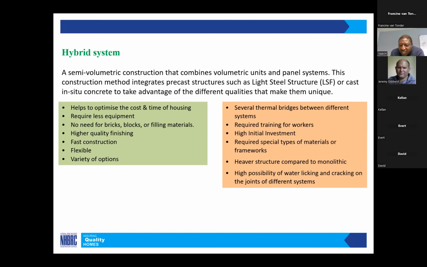And then the other thing is the type of materials. It might be special, others can be sourced locally, and it's got a high possibility of water leaking and cracking due to temperatures.